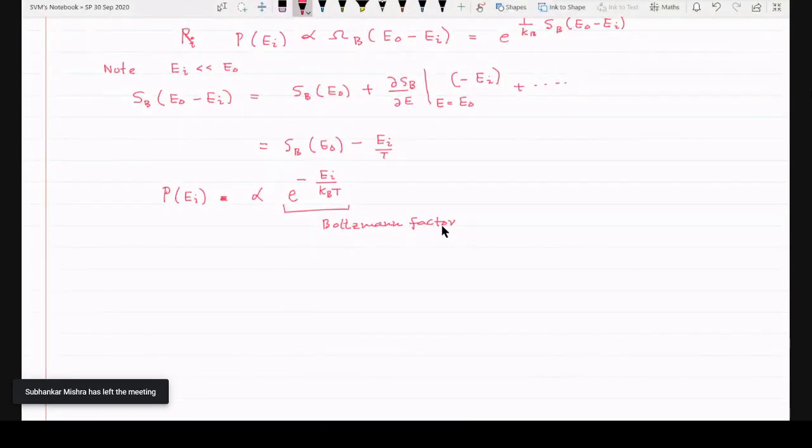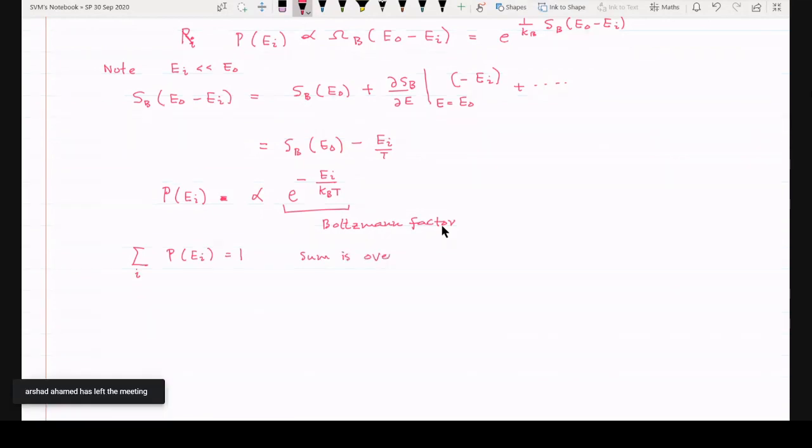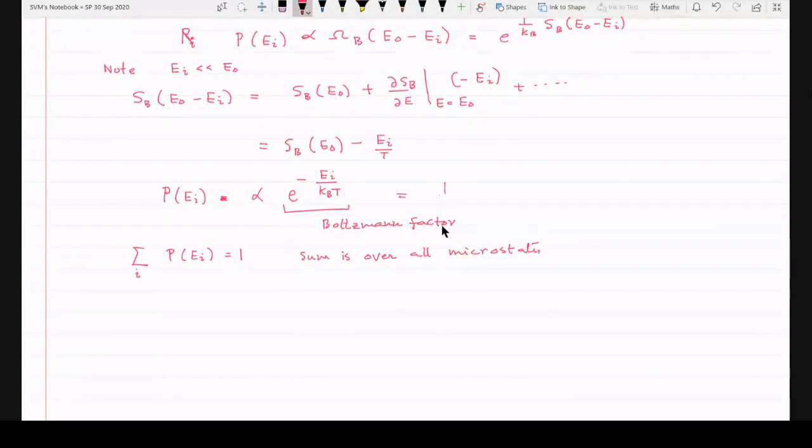That means if you take the sum over I, P of EI should be equal to 1, where the sum is over all microstates, whether they have the same energy or different energy. So let us say that you write this as some 1 over Z into e to the minus EI by kBT.